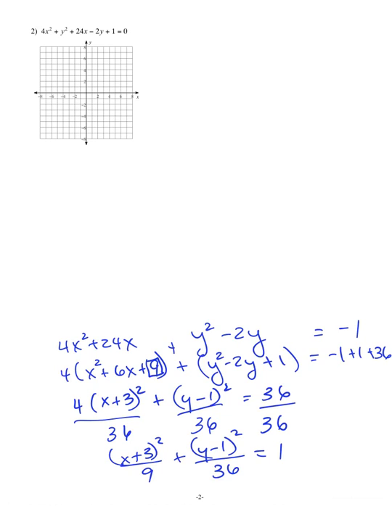So now we do what I told you to do before, A, B, C, H, and K, and they want us to find the center, the foci, and the major axis and the minor axis.